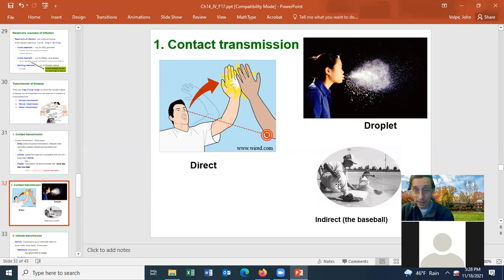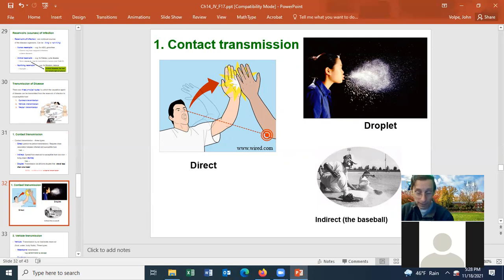He has to then inoculate one of his mucous membranes on the face: the eyes, the nose, and the mouth. Occasionally, he could inoculate the ear as well. But the point is, it has to go from the hands to a mucous membrane on the face.